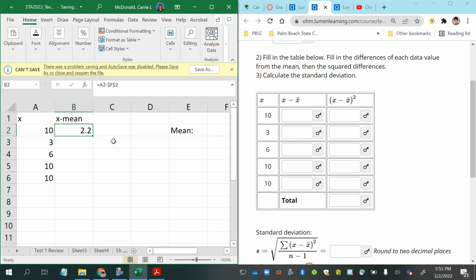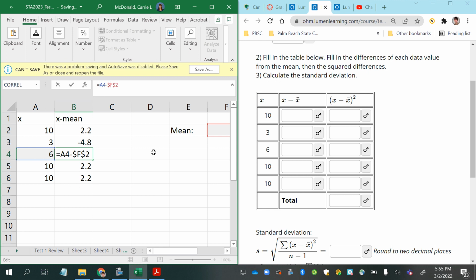So using Excel to its full advantage, I recommend doing an absolute reference so that the x value here that's being used in the formula is a relative reference, which means that when you drag this formula down, while this cell is referring to A2, this cell is referring to A3, and then the next one down is referring to A4, and so on.